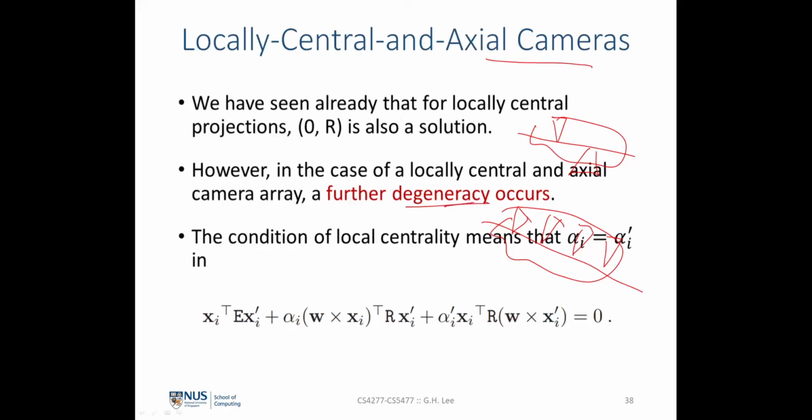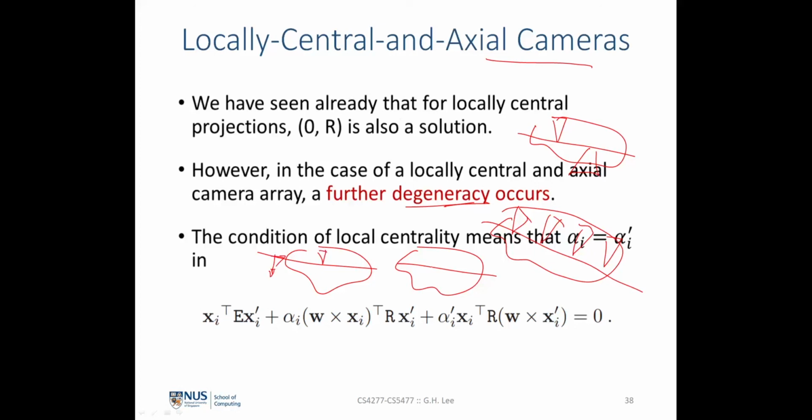So the condition of the local centrality means that alpha I equals alpha I prime. That means that the scale of both the frames, having these two general camera frames defining a reference frame over here.